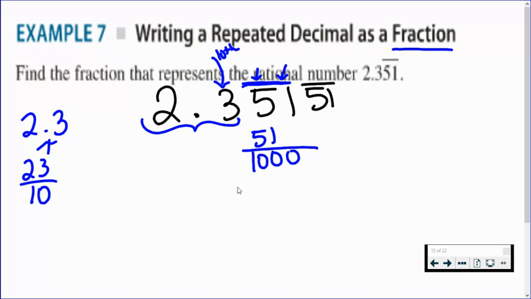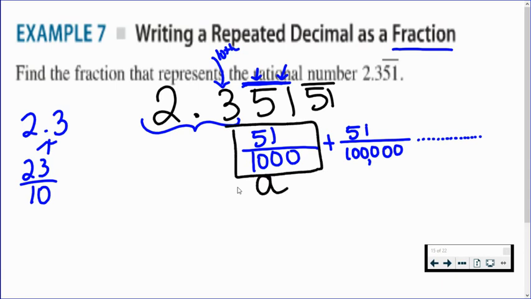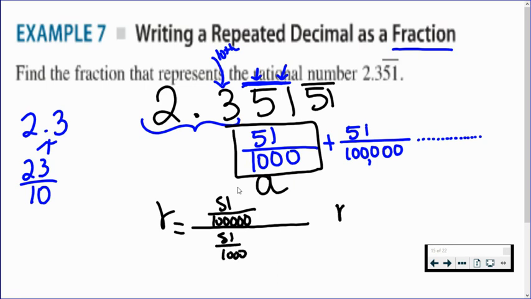What that means is that the next thing I'm going to be adding is 51, not in the 1,000th place now, but in the 100,000th place, and then it continues on forever. I know that the first number in this geometric sequence is 51 over 1,000. I need to find out what the R is, so I take two consecutive numbers and divide them, and I find that R is going to be 1 over 100.